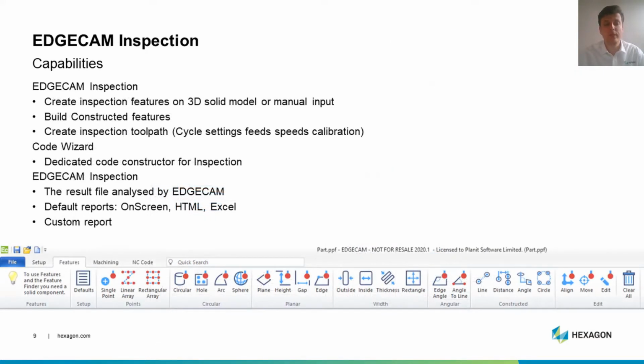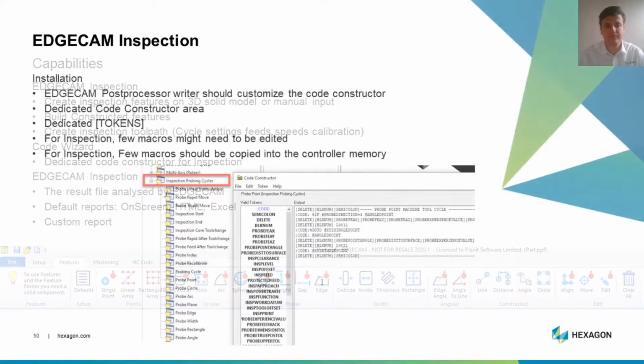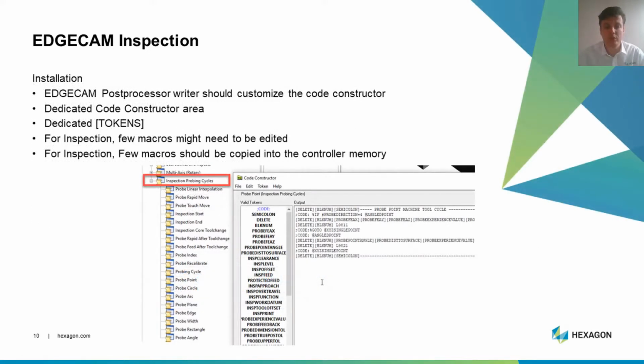With EDGECAM inspection, you are able to create the features directly from the 3D solid model, or you can give it a manual input. You can build the constructed features, and what is important, you are able to simulate and collision check your toolpath. In the code wizard, we have a dedicated area for the inspection, and you are able to customize the report. Just a couple of words about installation.